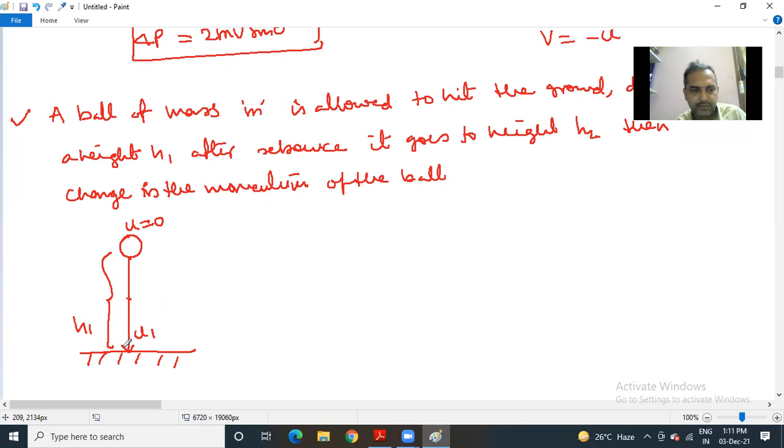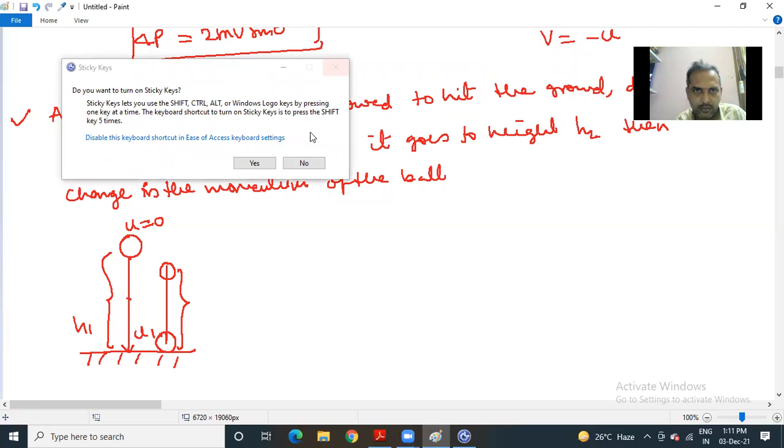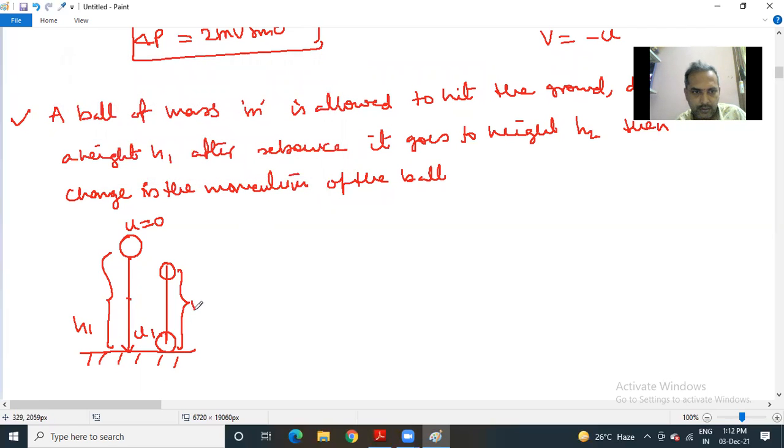After hitting, it goes along the same path. For the sake of understanding, let us take a ball here going upwards and covering a height h2. Final velocity will be 0, but it starts with velocity v1.